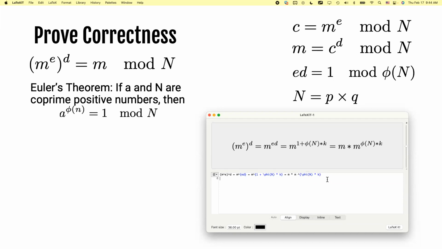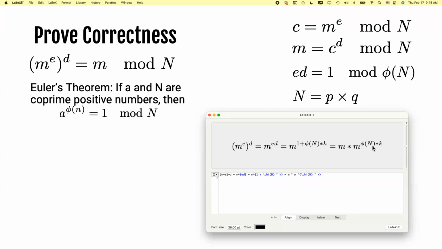Now let's continue. Looking at this again, let's see if we can start to apply Euler's theorem. Euler's theorem says that if a and n are co-prime positive numbers, then we have this. Here we can make a as m, and then we have phi of n, same here.